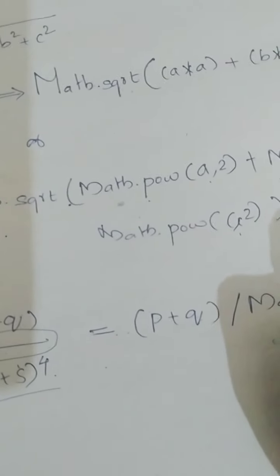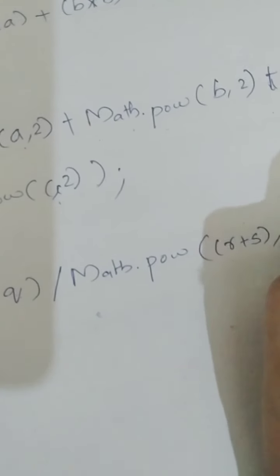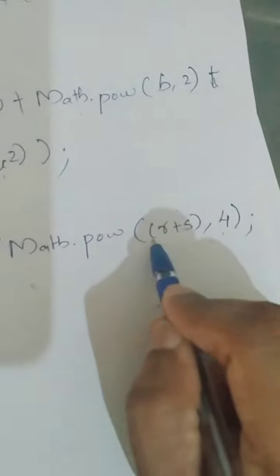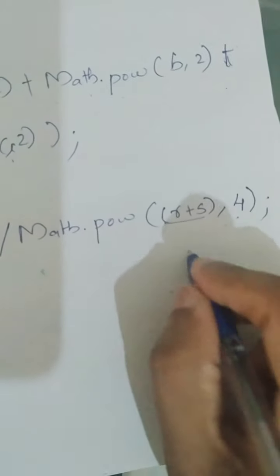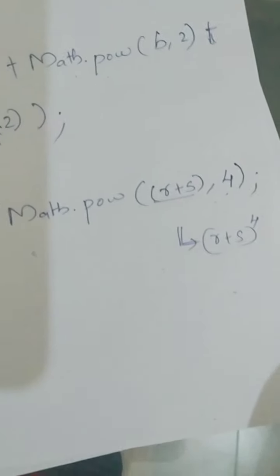So Math.pow of, in brackets, R + S, and the power will be written here. 4 is your raised to power, which is equivalent to (R + S) the whole raised to 4.